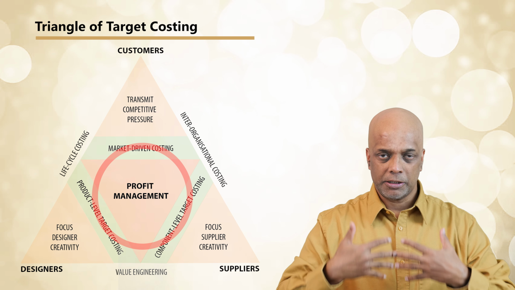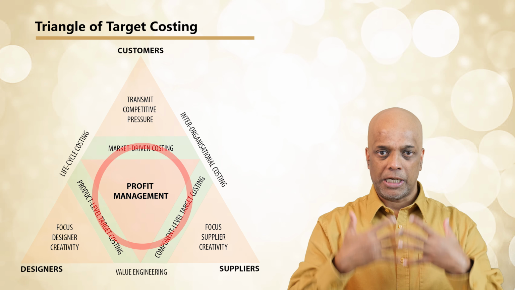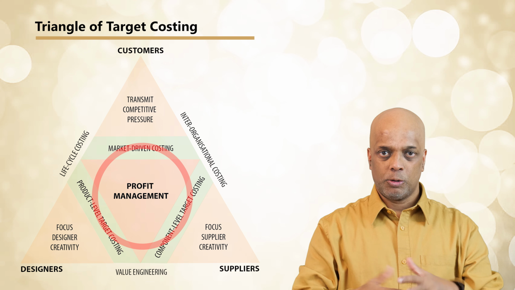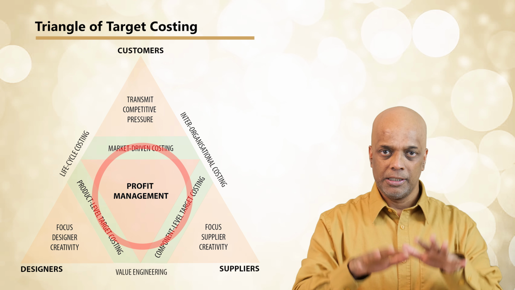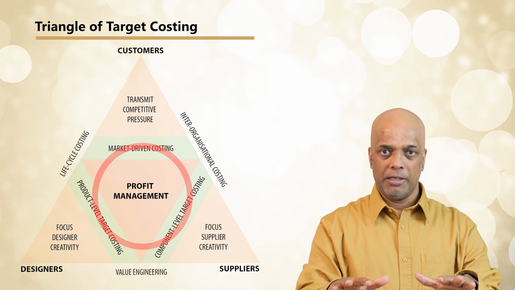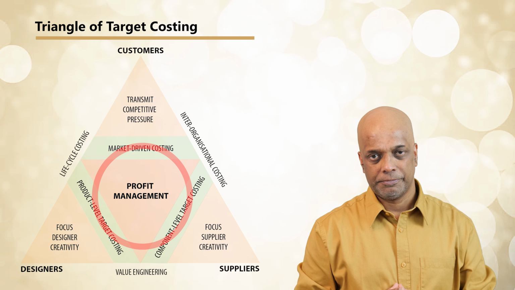The ultimate purpose of target costing as a broader management approach is to manage our profit, to make sure that we have a sufficient, a reasonable rate of return to our investors.